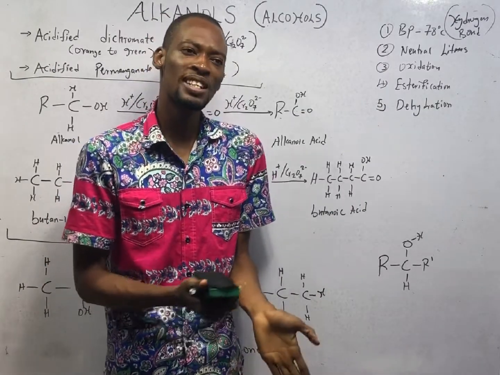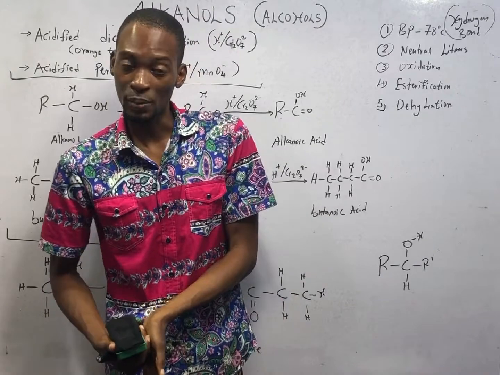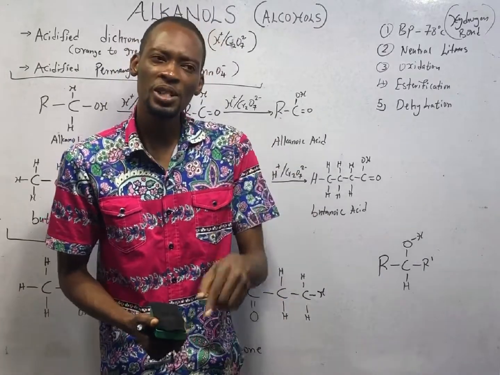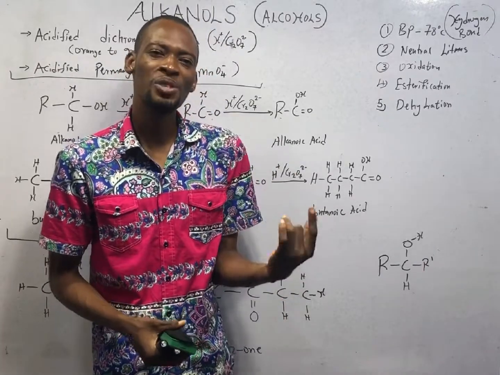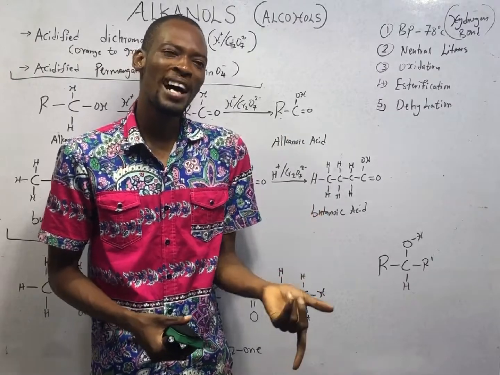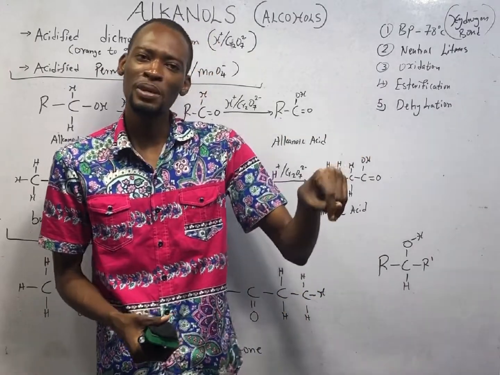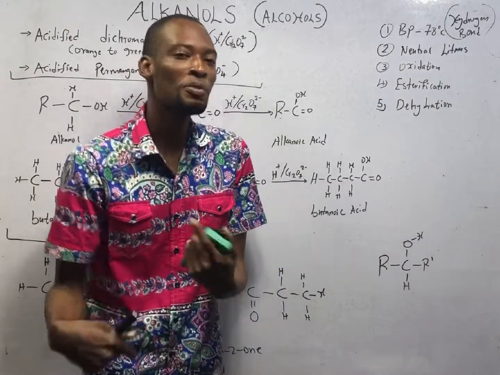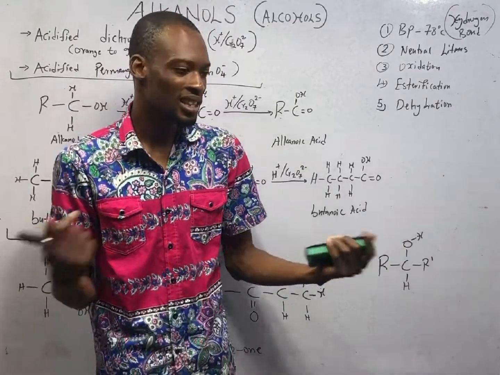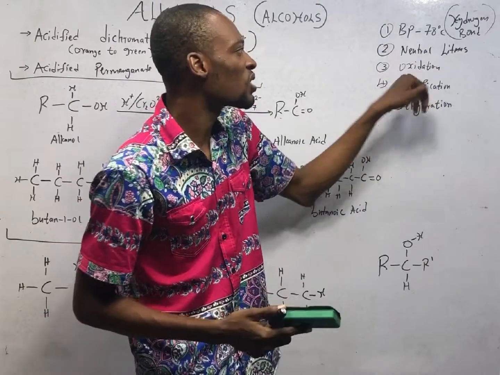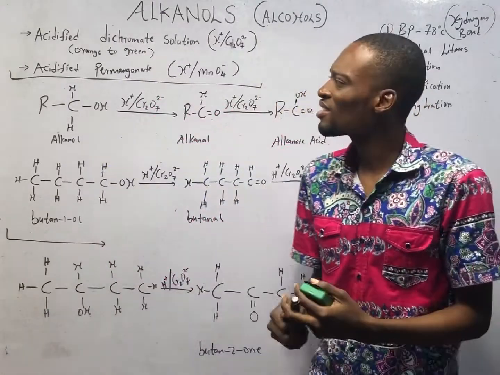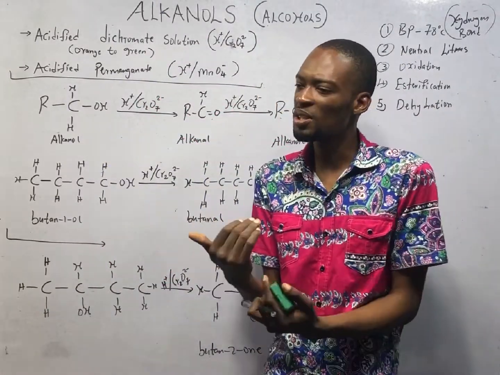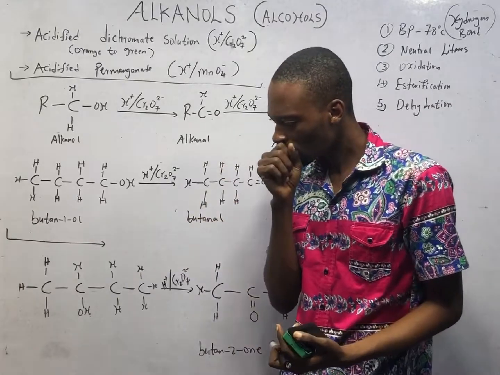When it has to do with electronegative and electropositive species or elements, oxidation is the addition of electronegative elements and removal of electropositive elements, while reduction is the addition of electropositive elements and removal of electronegative elements. Now, what happens in oxidation of alkanols?